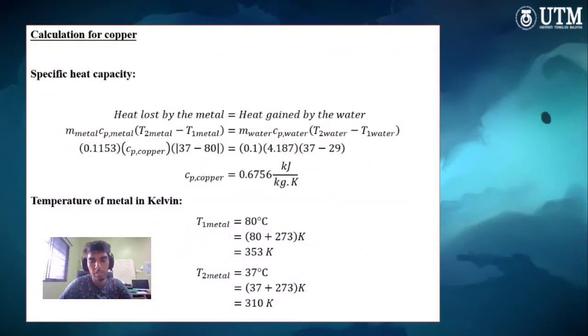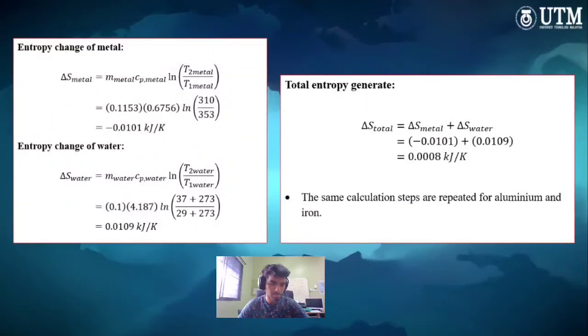In this case, the final temperature, which is T2 metal, is equals to 37 degrees Celsius, and then the initial temperature of the metal or copper is equals to 80 degrees Celsius. And then the entropy change of copper is equals to negative 0.0101 kilojoule per Kelvin.